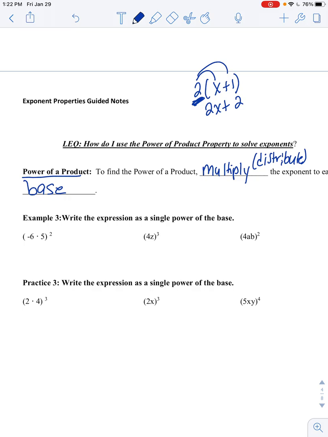So example 3 says, write the expression as a single power of the base. So we're taking our exponent, distributing it to the -6, distributing it to the 5. So we have -6 squared times 5 squared. Okay, and then from there, you could go ahead and multiply the bases.